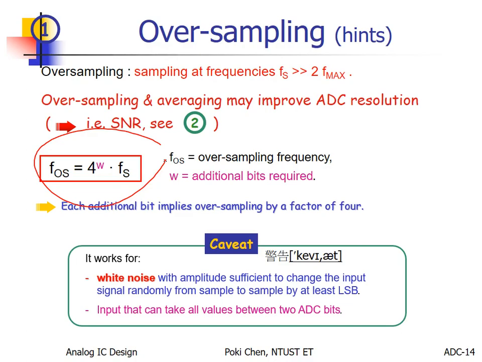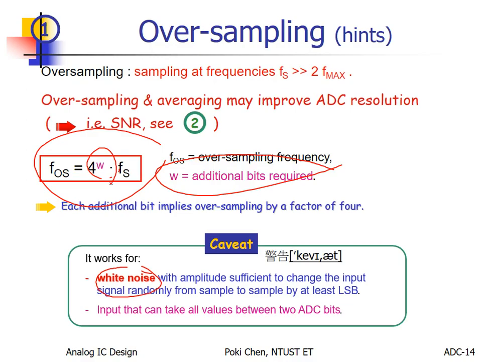Oversampling along with noise, you need to be very careful. Random noise can enhance your effective number of bits, that's so-called ENAB. But it is not so efficient. To get 1 extra bit in accuracy, you need to increase your sampling frequency by 4.